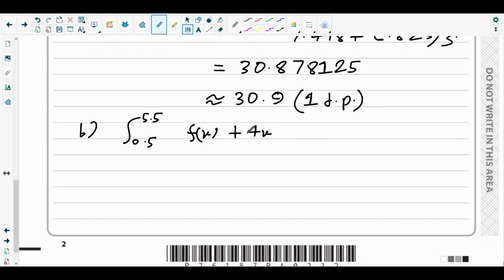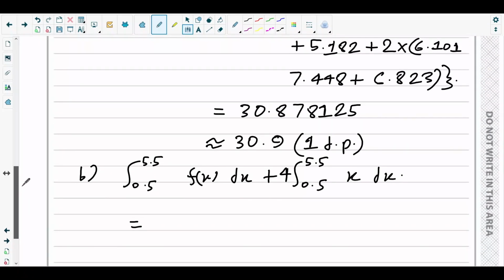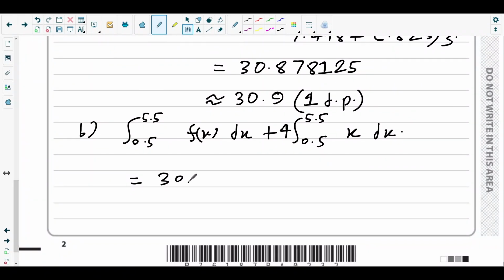We can separate them: the integral of f of x dx plus the integral from 0.5 to 5.5 of 4x dx. Take the constant outside the integral and keep x alone within the integration sign. We know the value for the first one, since the question said to use the answer from part A, which gave 30.878125.